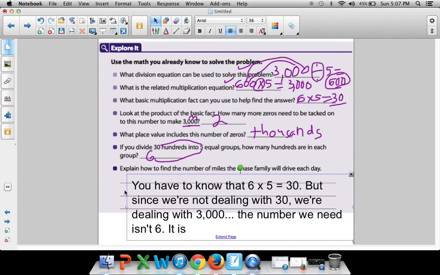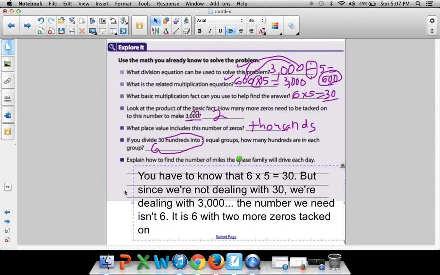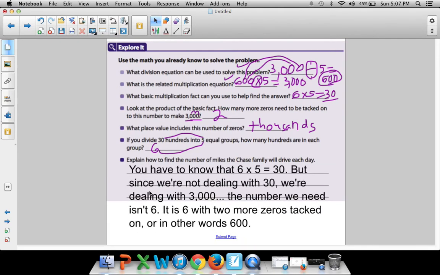It is 6 with 2 more zeros tacked on, or in other words, 600. And that's something that if you don't see right away, it takes practice to get better at it, and we will practice it.